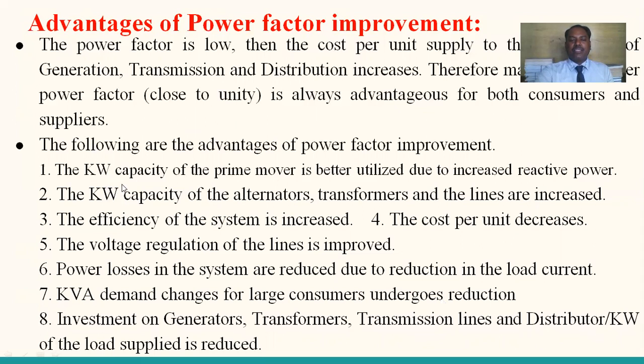So kilowatt capacity is increased, efficiency of the system increases, losses reduce, voltage regulation improves, and the cost per unit decreases. So the investment on generators, transformers, transmission lines, and distributors per kilowatt of the load supplied is also reduced.